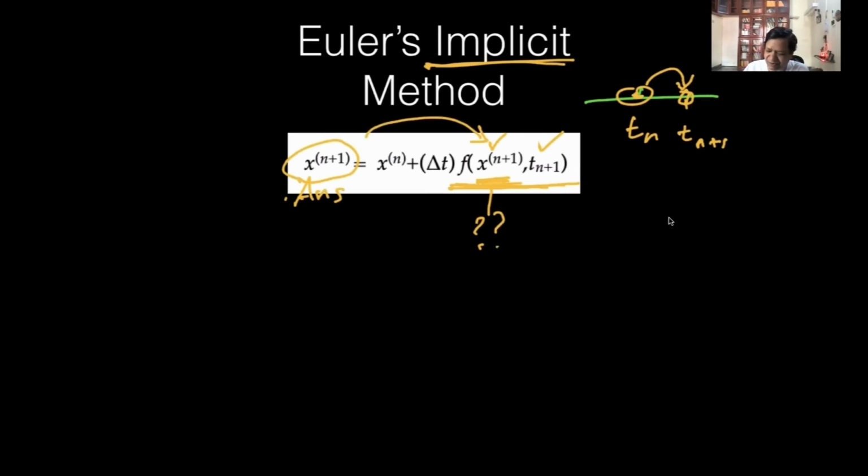I'm just going to show you one example. Let's try to do it for a simple thing like x dot equals alpha x. For this case, it is easy. I'm going to solve this equation, which is trivial, but it is very useful for stability analysis, accuracy estimates, and so on.